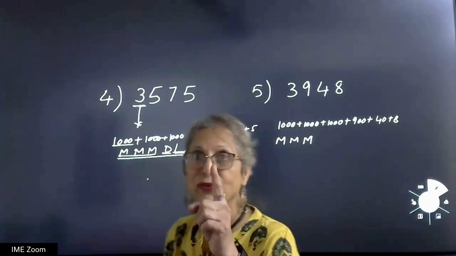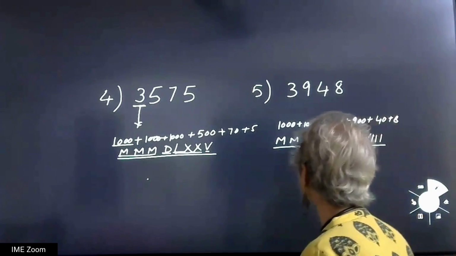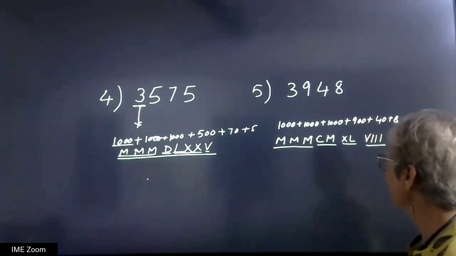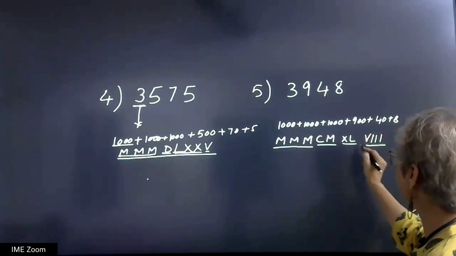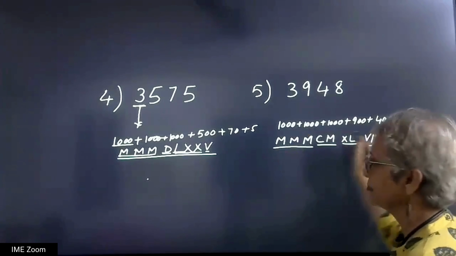So 100 means C, and C is to be written on the left side. CM is 900, and this is 3,900. 40 means XL, and 8 means VIII, that is V plus III. Like this. See how the sum is: MMM, CM, XL, VIII, such a big number.